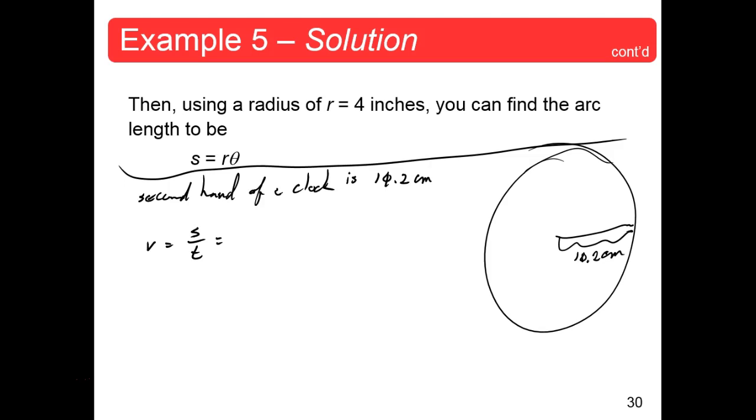Remember, that's the second hand. This is the radius, and what we want is an arc length. Because it's the second hand, it's moving clockwise, but it's just a length.